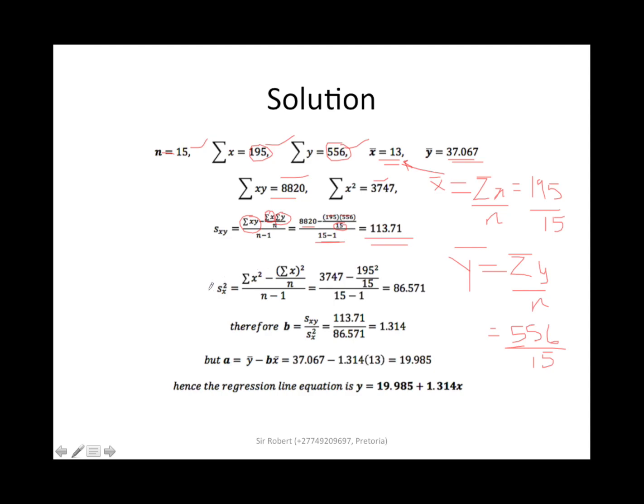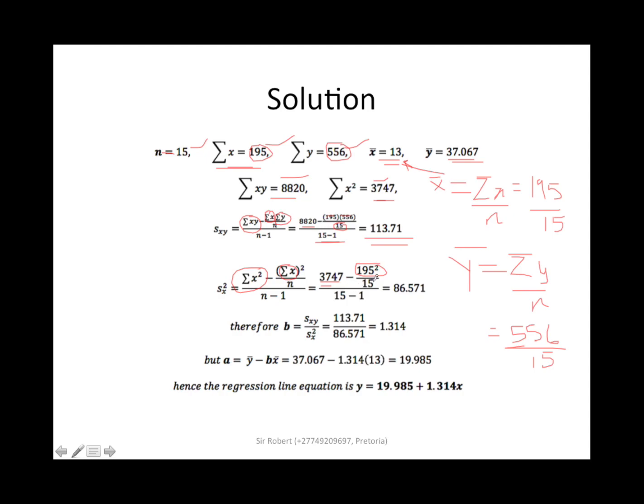Then your variance of x is given by this formula. You know that your summation of x squared is 2,747, and your summation of x is 195, but you square 195 to get this one.